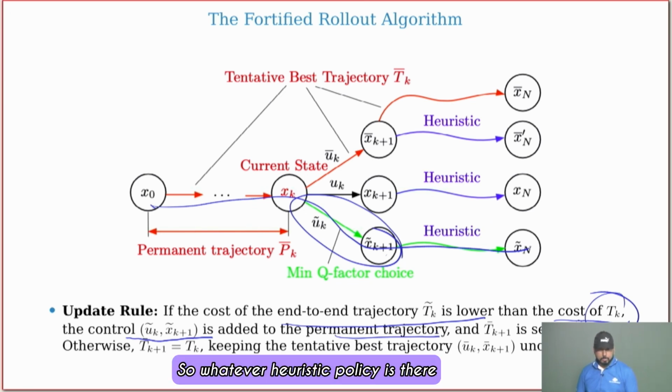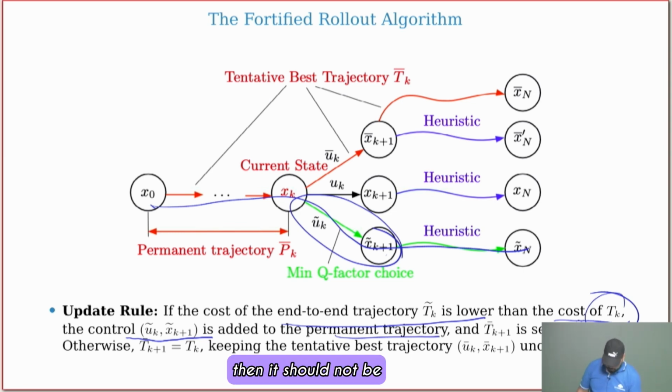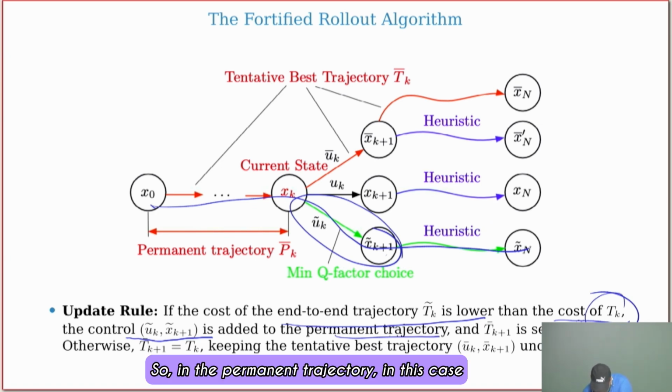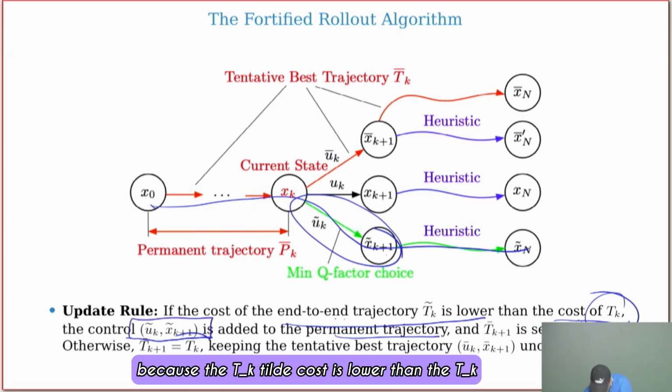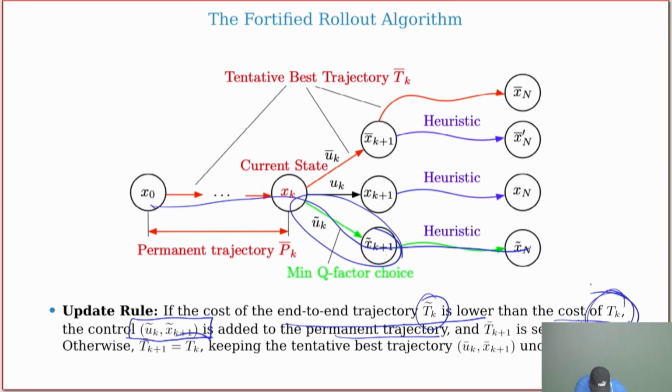So whatever heuristic policy is there, and we do the look ahead and so on, anyway we keep track of the total cost and only update when it is giving us the minimal, then it should not be a problem. So in the permanent trajectory, in this case, we will add this control because the Tk tilde cost is lower than the Tk.